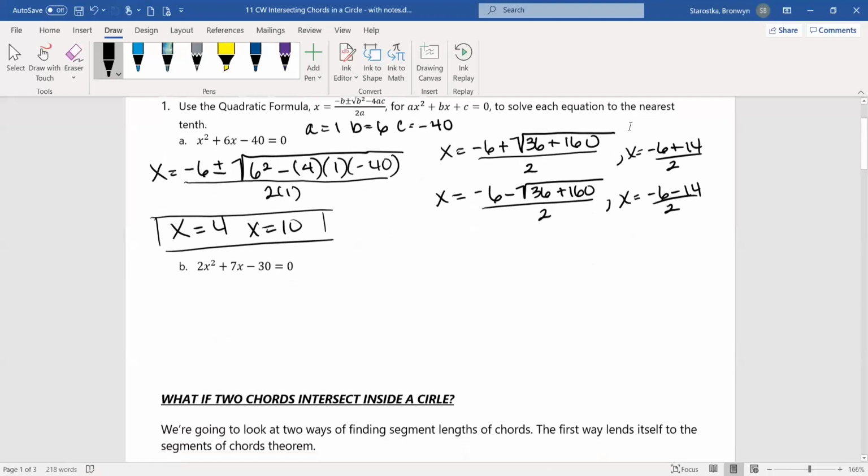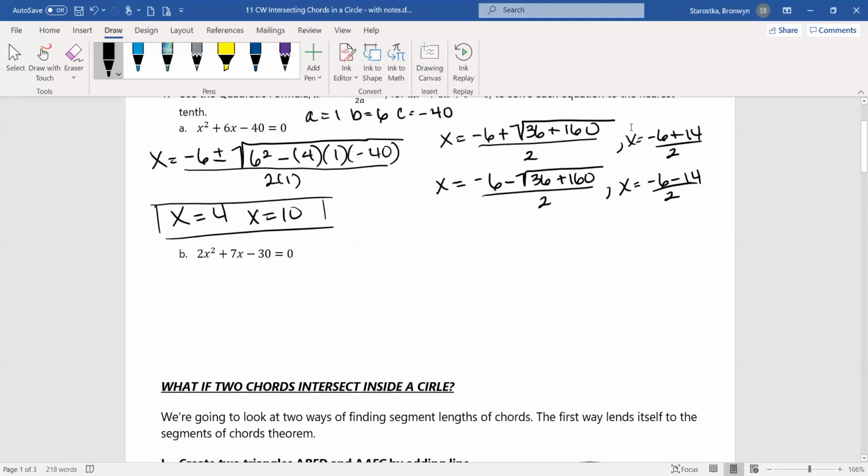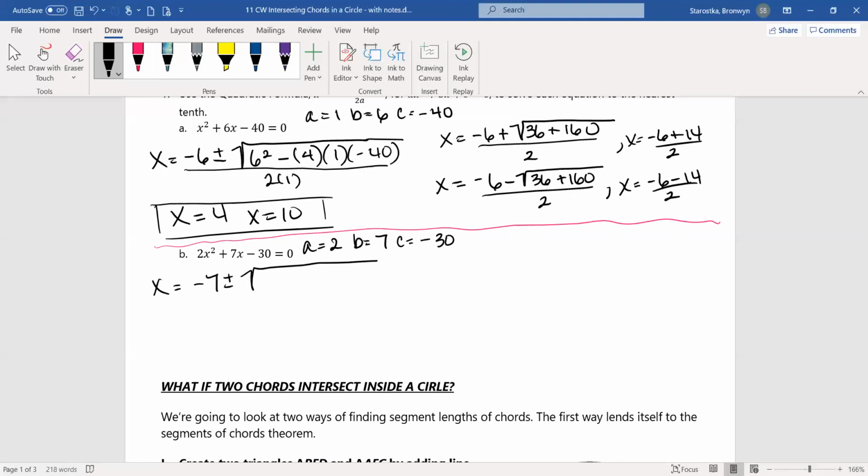The next one, A equals 2. Let's do a squiggly. Here we go. All right, we've got A equals 2, B equals 7, and C equals negative 30. x equals opposite B plus or minus the square root of B squared.